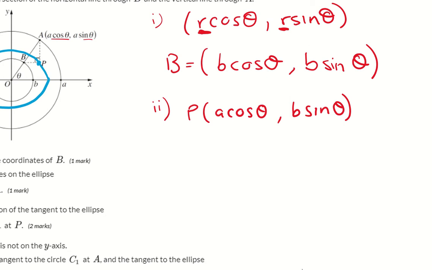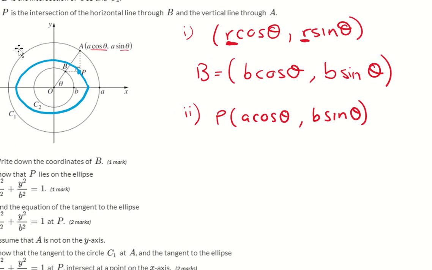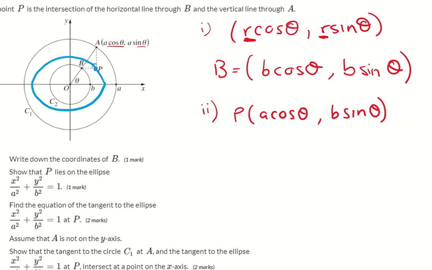We should know that already from the last video. So then we have the equation of our ellipse that it's supposed to lie on is x squared on a squared plus y squared on b squared equals 1. So I'm just going to sub in my x value of a cos theta and my y value of b sin theta into my equation.